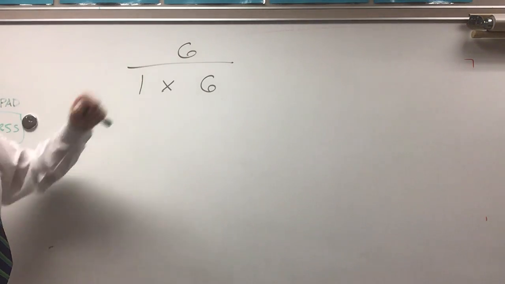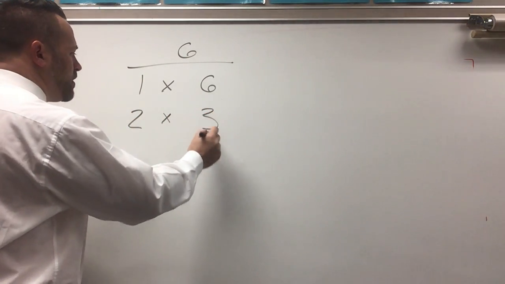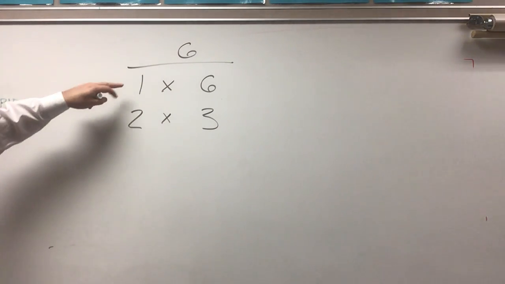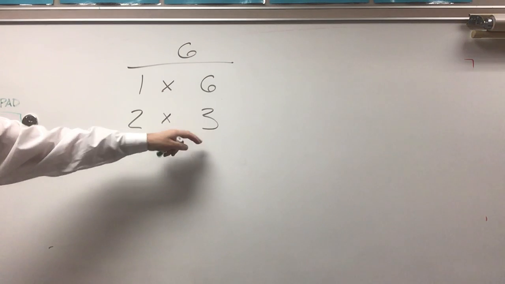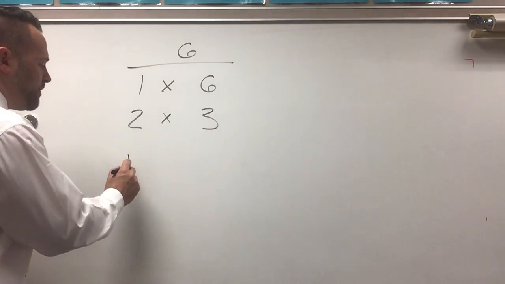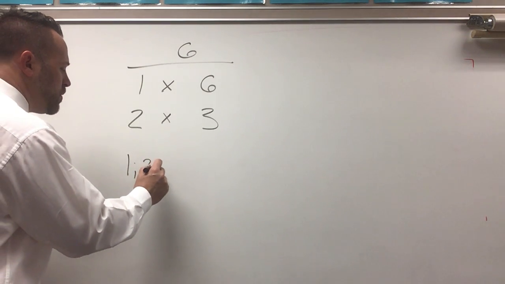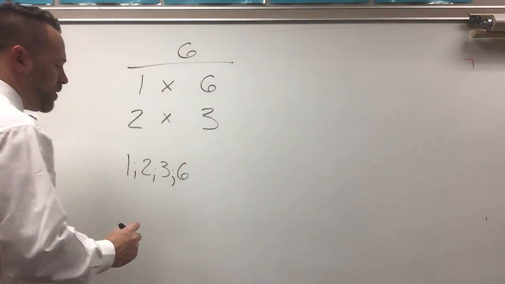It's an even number. So 2 is a factor, 2 times 3. And look, I got my 1 and my 2, and then it goes from 2 to 3. There's nothing left, is there? We got them all.